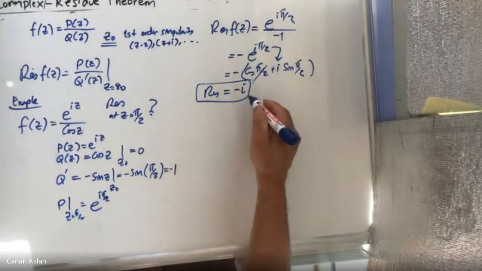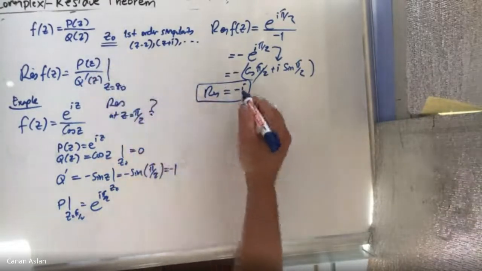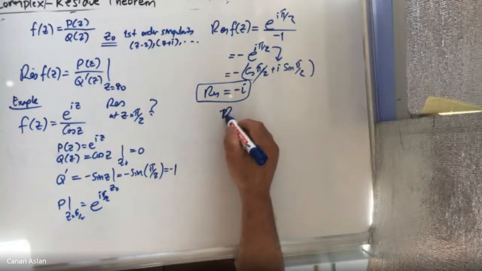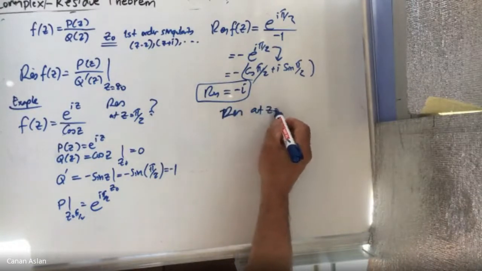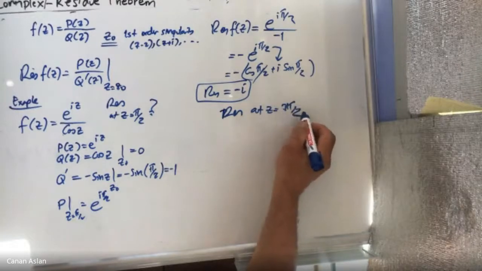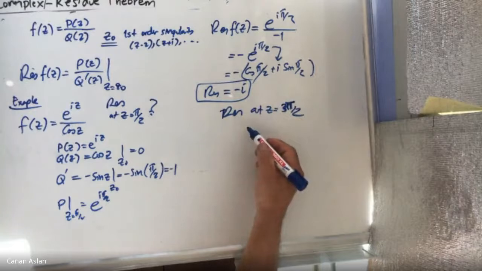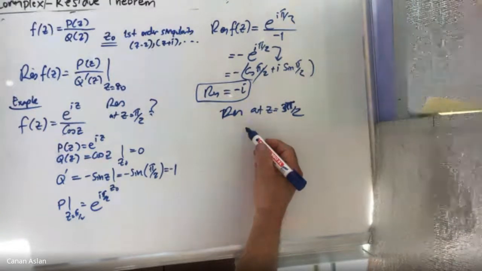Also, we can find, for instance, this function also blows up at 3 pi over 2, right? What about the residue at z equals 3 pi over 2? Can we get this residue at 3 pi over 2? The answer is yes again.